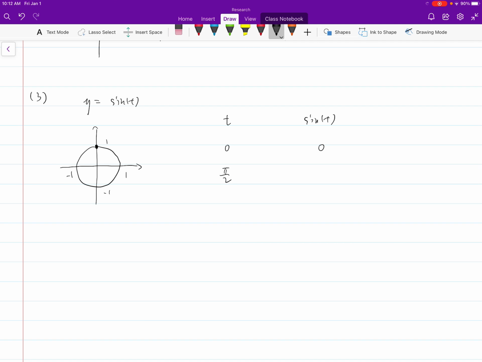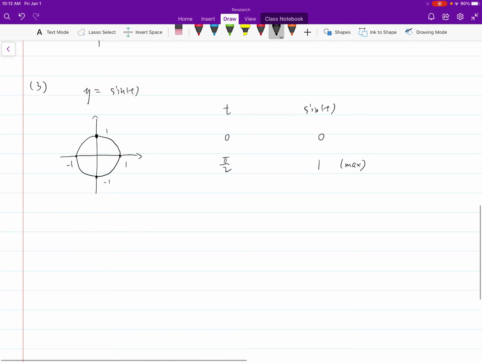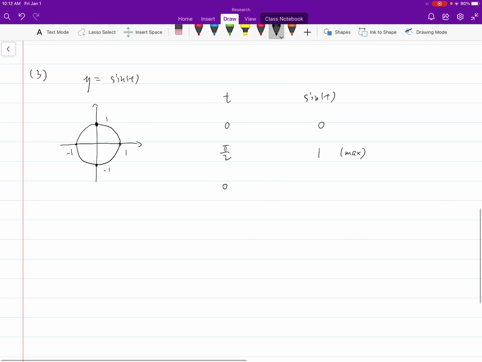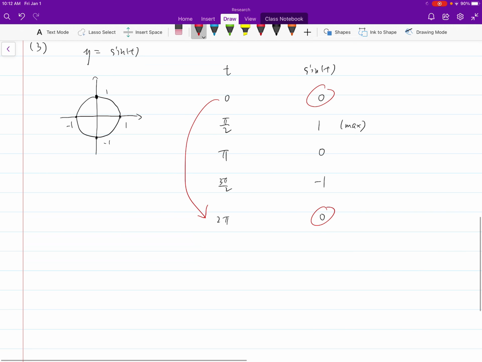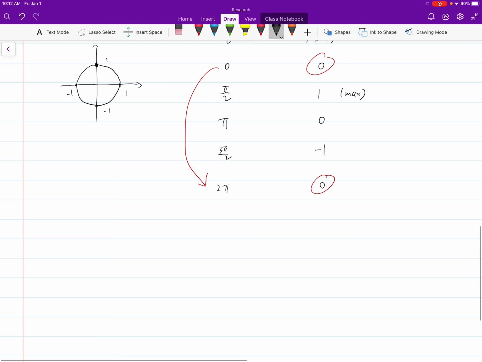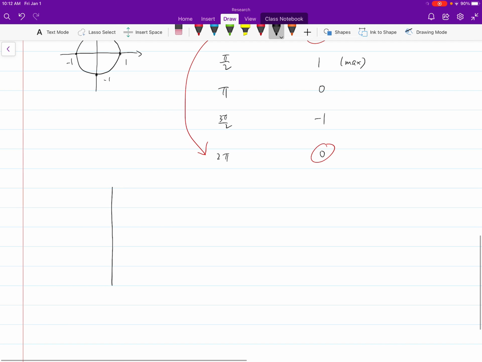Quickly, sine 0 is 0. Sine pi over 2 is going to give you 1, which is the maximum, by the way. Sine pi is 0. Sine 3 pi over 2 is negative 1. And then finally 2 pi, you go back to 0. That's why you call it periodic. This one and this one are definitely going to be the same because you have a complete 2 pi.